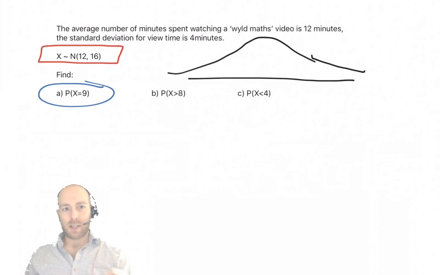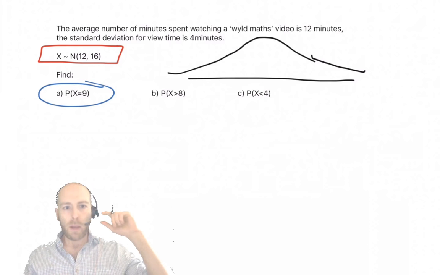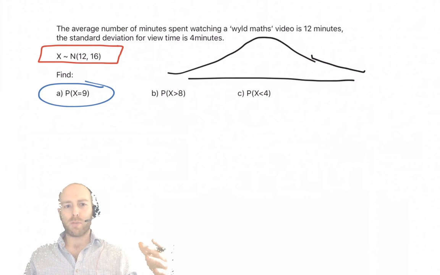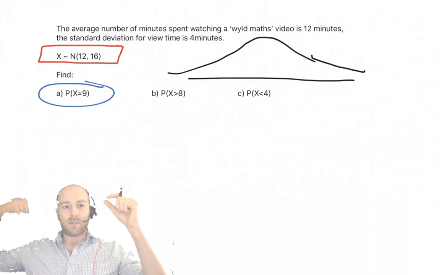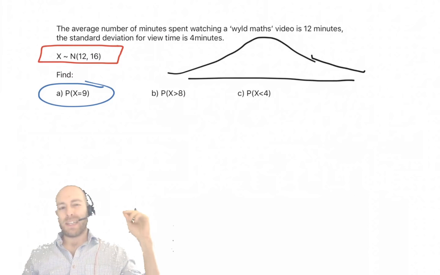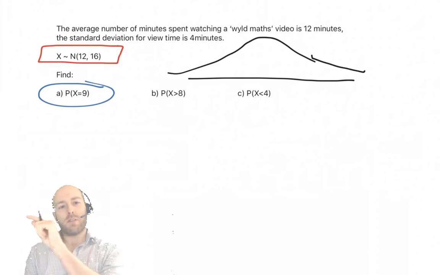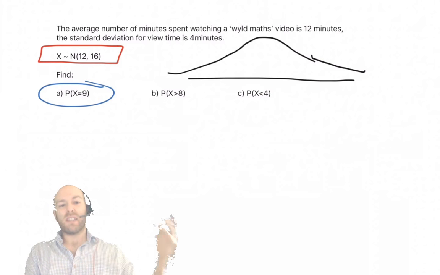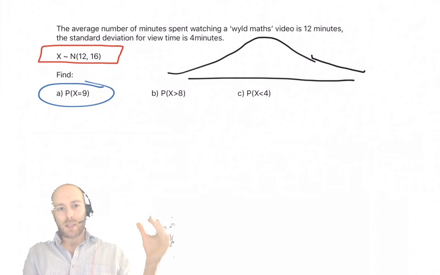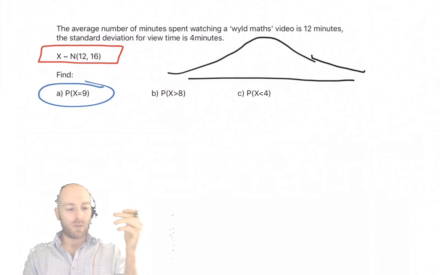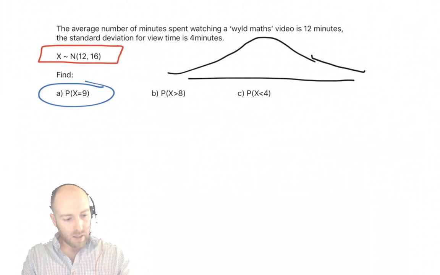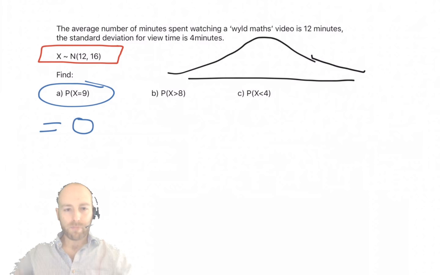So the probability of actually getting 9, imagine if you all stop watching my videos at some point, the probability of it exactly being 9 seconds, given that we've got milliseconds, nanoseconds, microseconds, whatever, is like 1 out of 100 billion, basically infinite different lengths of time that you could be watching the videos for. So the probability of actually getting 9 is 1 out of infinity, so we round it to 0. So the probability that x equals 9 is 0.